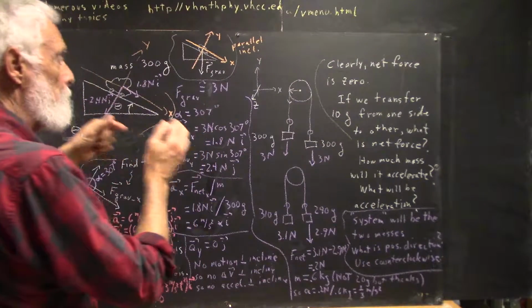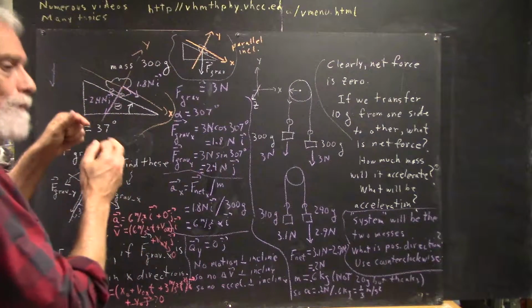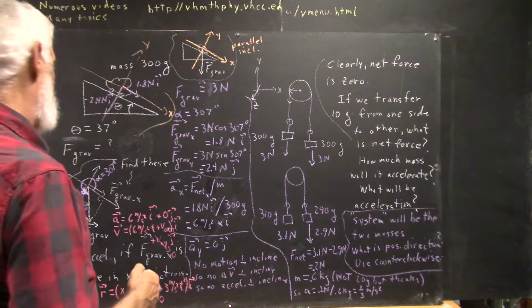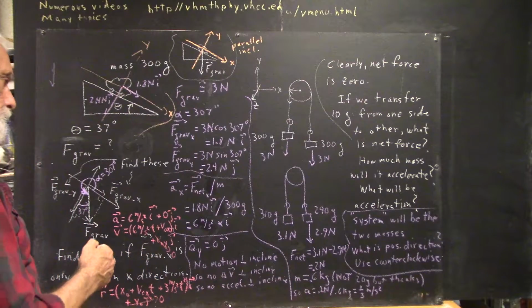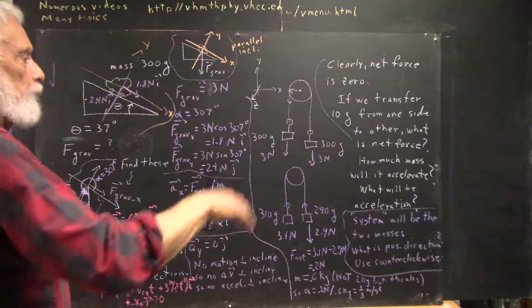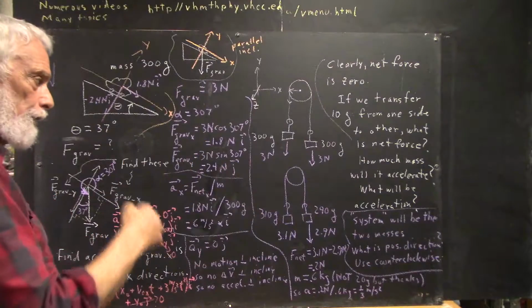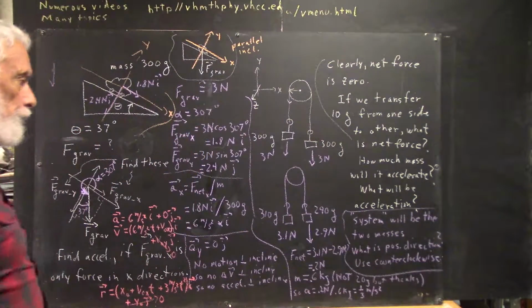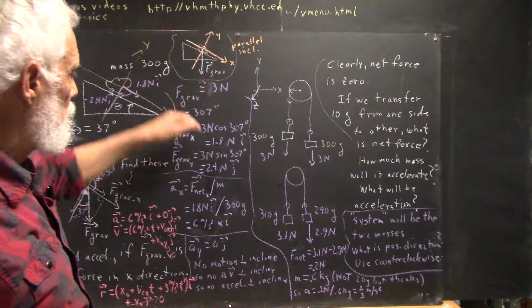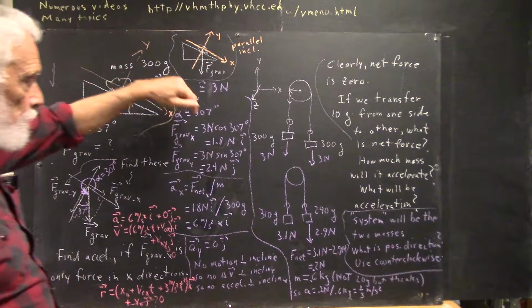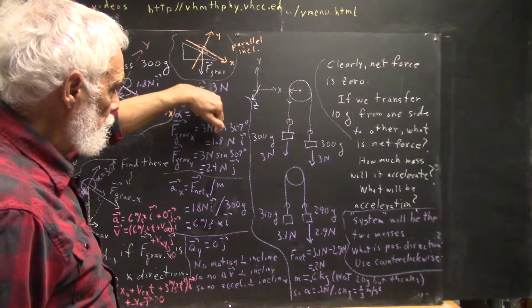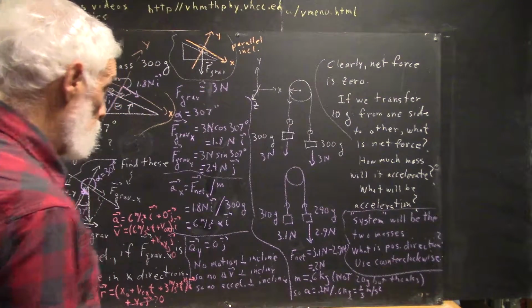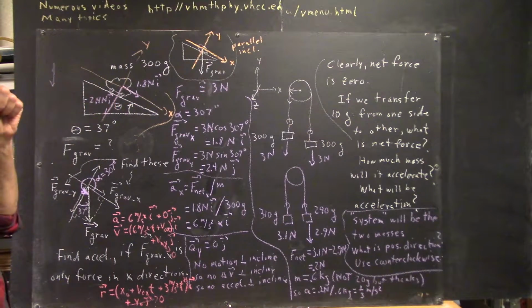And you should understand trigonometric functions within the context of the circular definition of the trig functions. But that works. And if you multiply 3 newtons times the cosine of 37 degrees, you're going to get something very close to 1.8 newtons.